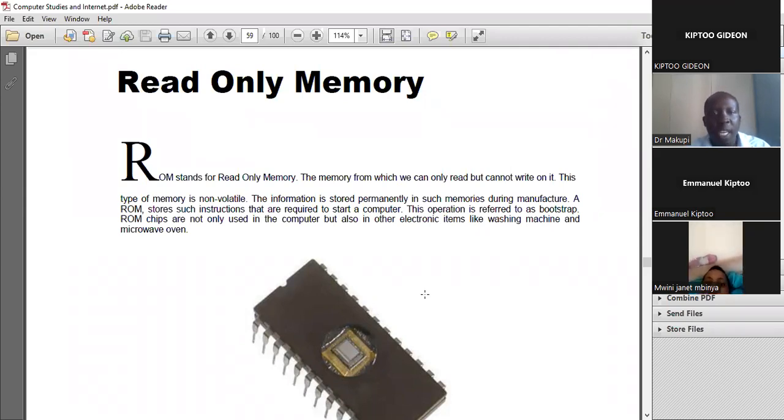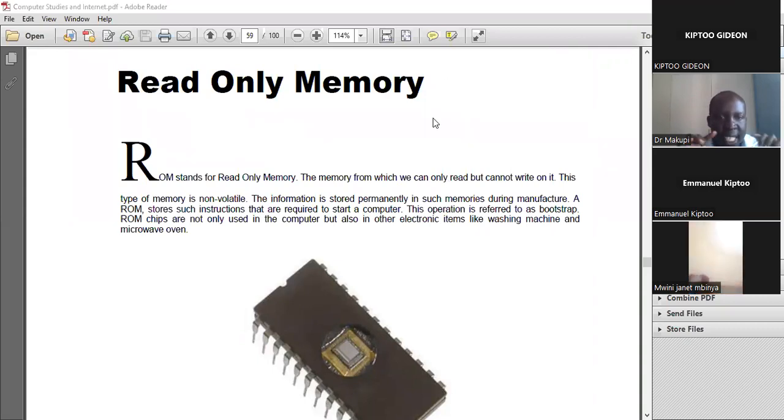Whatever is stored in the ROM cannot be changed. So it's a kind of memory where we can read, but you cannot write on it. So it is non-volatile. Get the word non-volatile. When we were talking about the RAM, we said it is volatile, in that it loses data when electricity goes off.